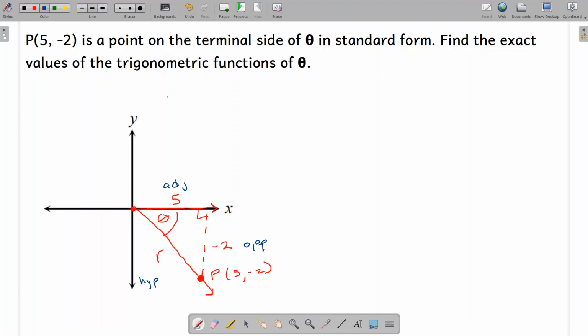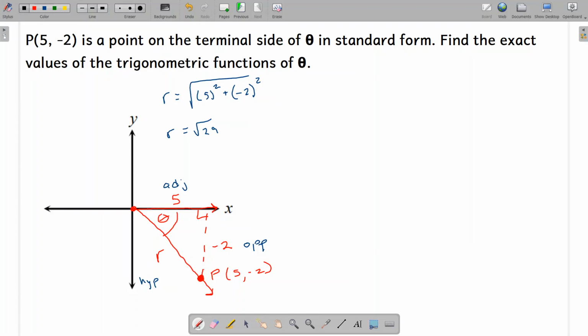So we said that r could be found by x squared plus y squared, and then taking the square root of that. Now, if we do that, we're going to get the square root of 29. And we're just going to leave it as the square root of 29.